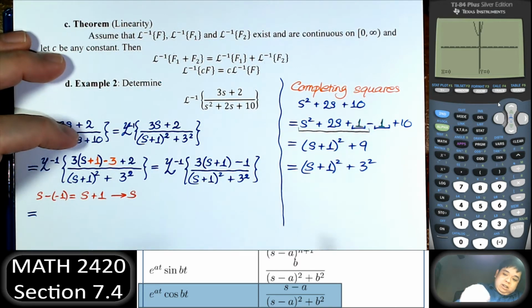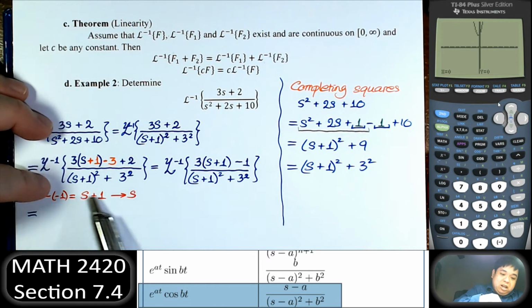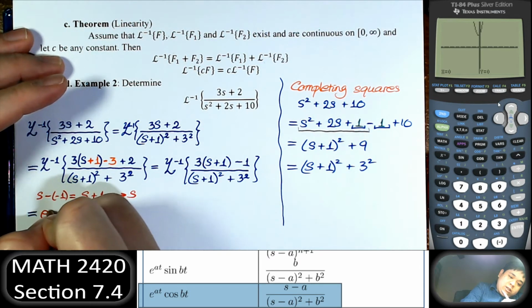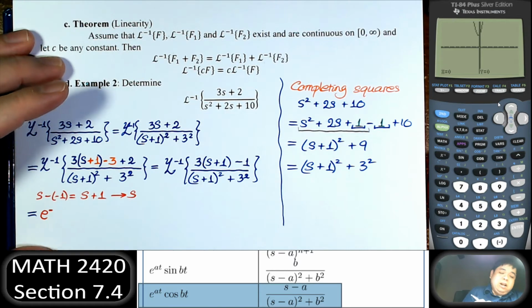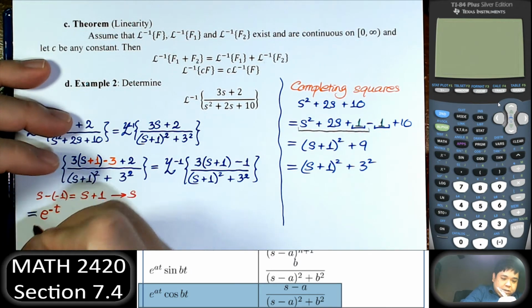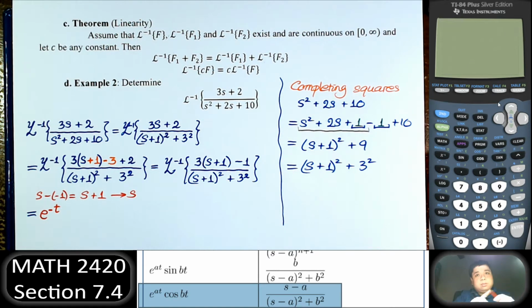That will be replacing s minus negative 1 by s, so that we have to have e to the negative t. Right. Replace s by s minus negative 1, times e to the negative t.